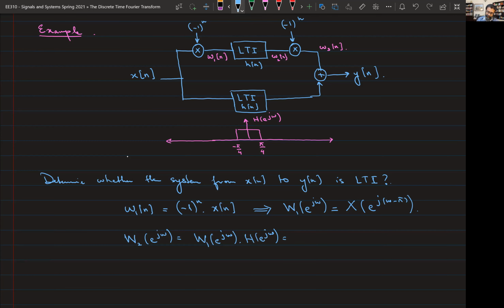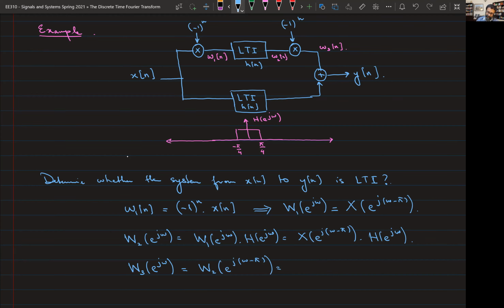But W1, as I've just done above, is X of e raised to j (omega minus pi) times H of e raised to j omega. That's W2. And what about W3? Once again there's multiplying with minus 1 raised to power n, so there's another shifting by pi.